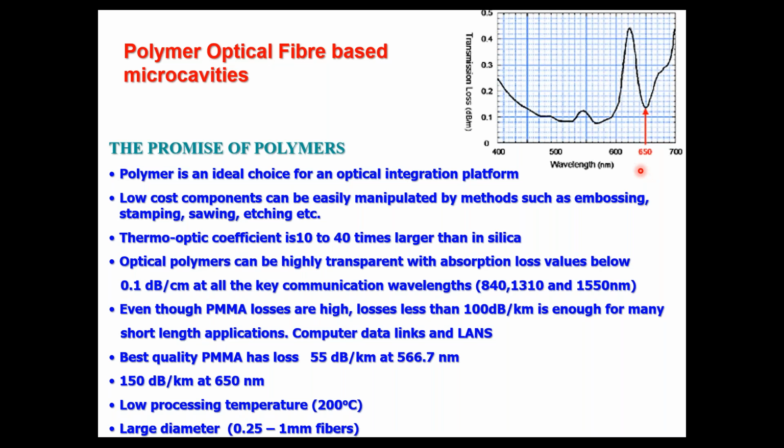We are familiar with the transmission loss diagram for silica fibers, which offer minimum loss around 1550, in the infrared, but here you are dealing with visible light. So if you have applications which make use of visible light, you can very well use the polymer material.